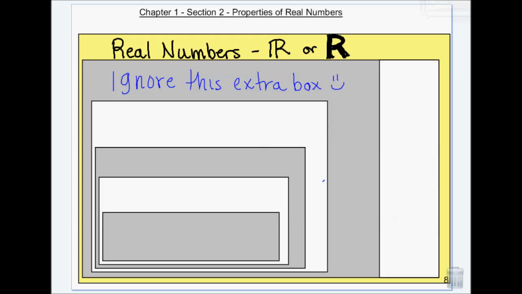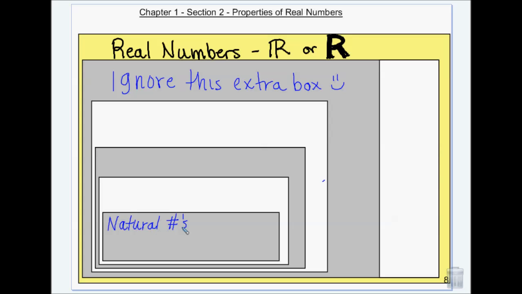So inside the real numbers, the smallest set of real numbers are the natural numbers. Okay. Now they're infinite, but they start at 1.